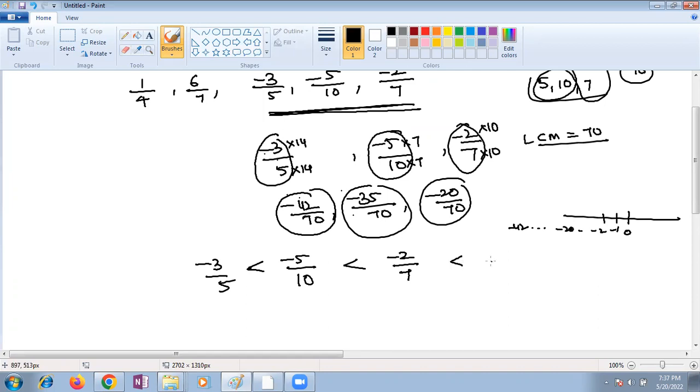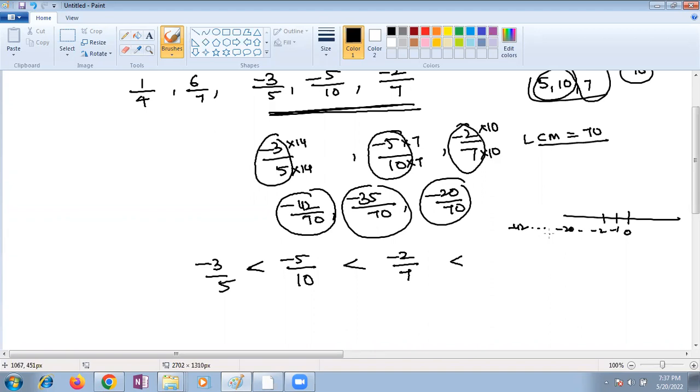I have a doubt. Yes, Javali. Ma'am, why don't we get the correct answers when minus 5 is the smallest in all the three fractions?